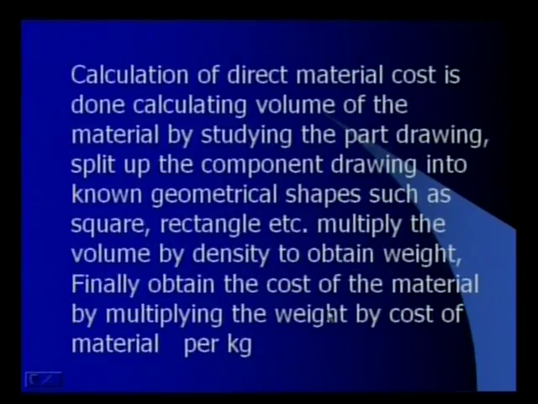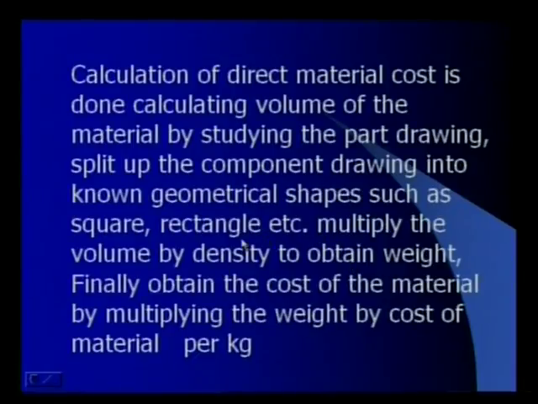furniture. Okay. So, the calculation of direct material cost is done by calculating the volume of the material that we are going to use, by dividing the component drawing into several known geometrical shapes such as a rectangle, a triangle, and so forth.